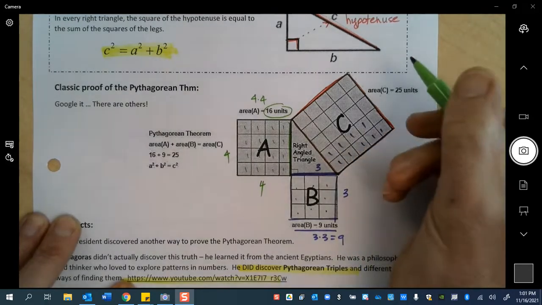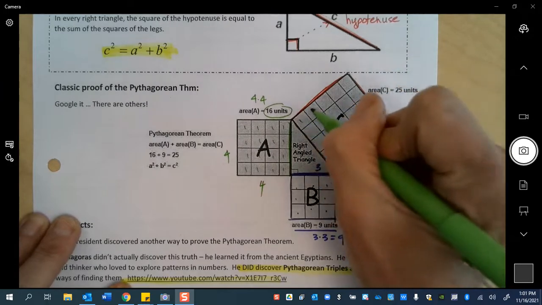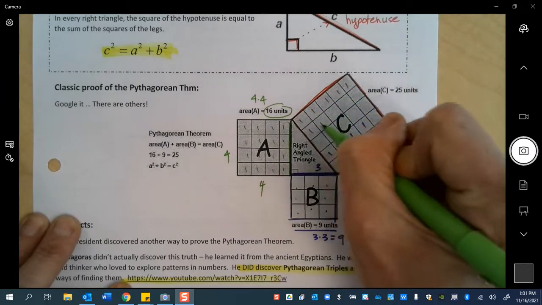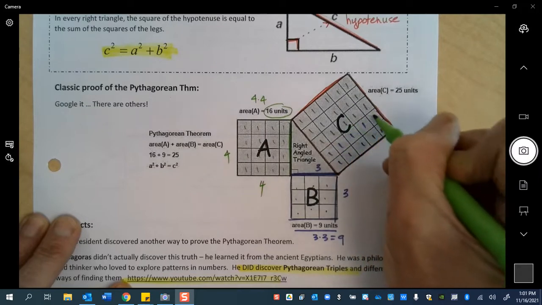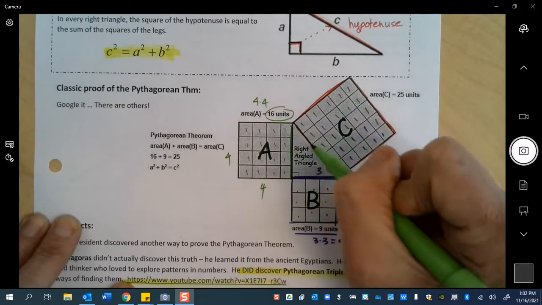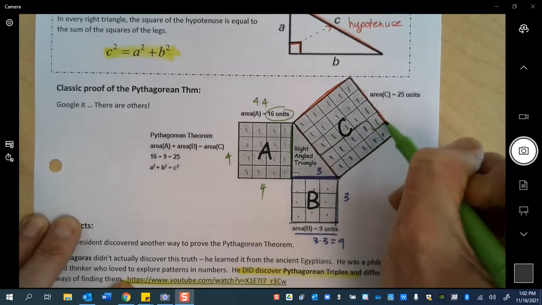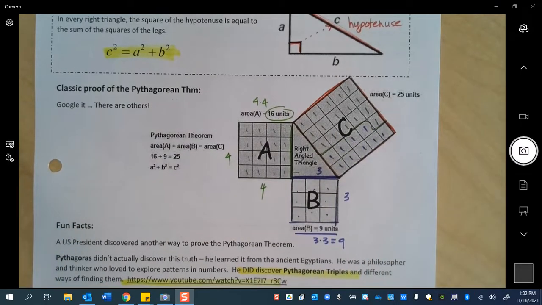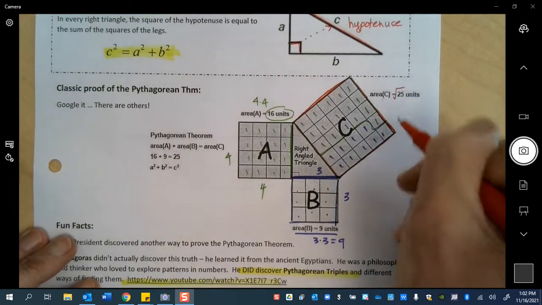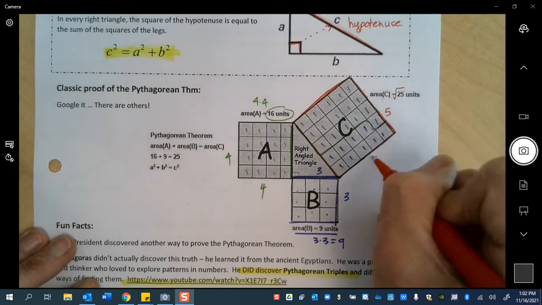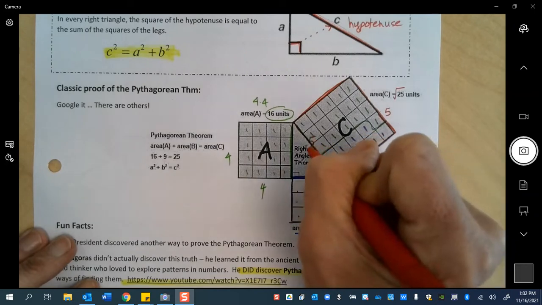Here's my 16 greens, 1 through 16. So these 16 greens and those 9 equal 25. When I take the square root of 25, I get a 5 measure for my side.